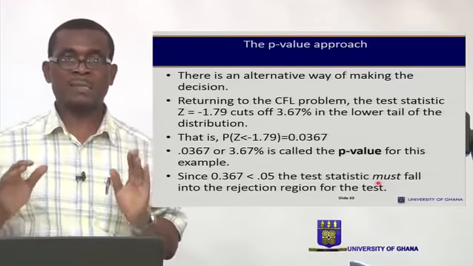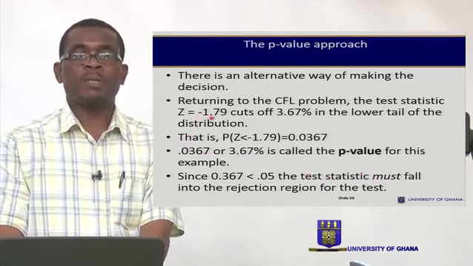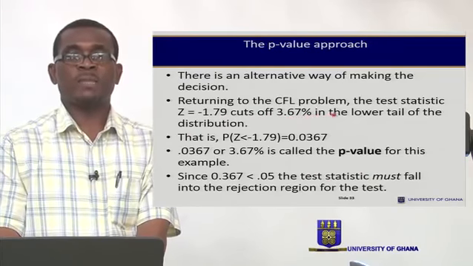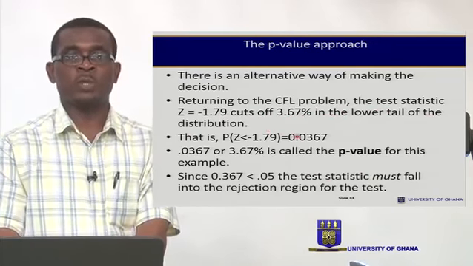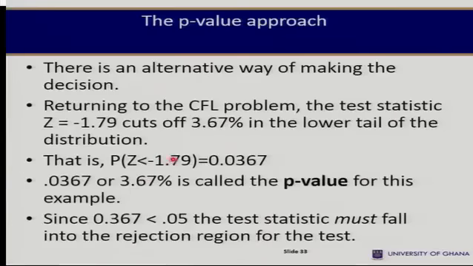The test statistic Z equals minus 1.79, and it cuts off 3.67% in the lower tail of the distribution. What this means is that the probability that Z is less than minus 1.79 is equal to 0.0367. So 0.0367 or 3.67% is called the p-value for this example.